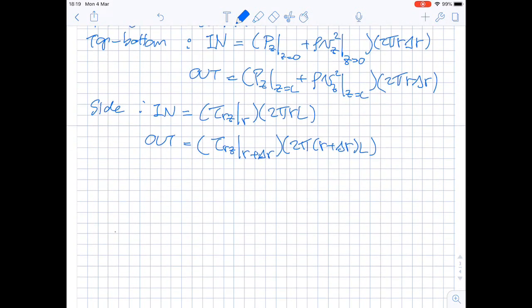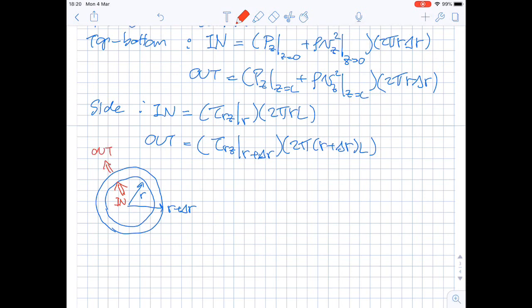In other words, if you look from the top, here is R, here's R plus delta R. So this is flux going in, this is flux going out.